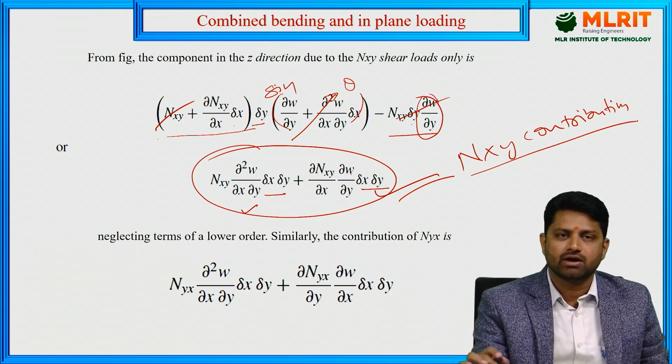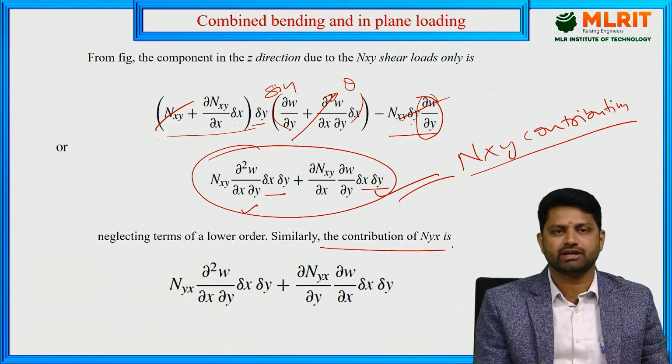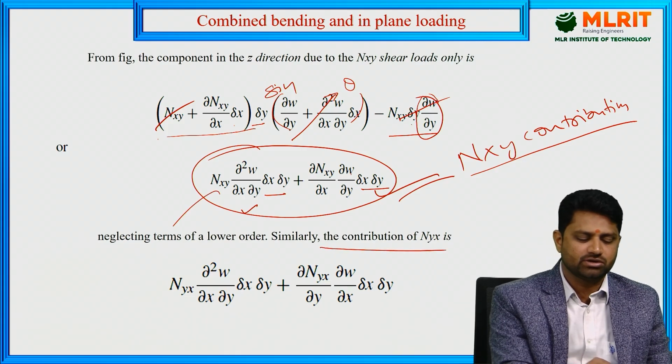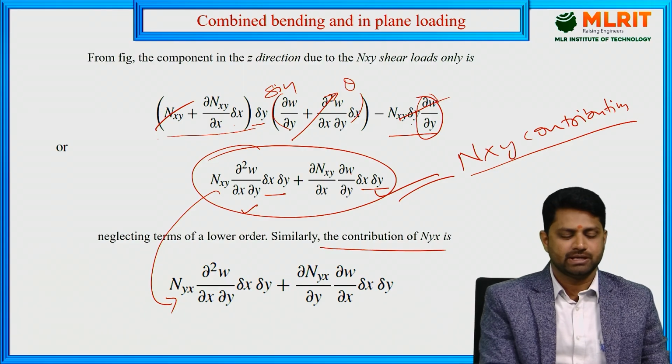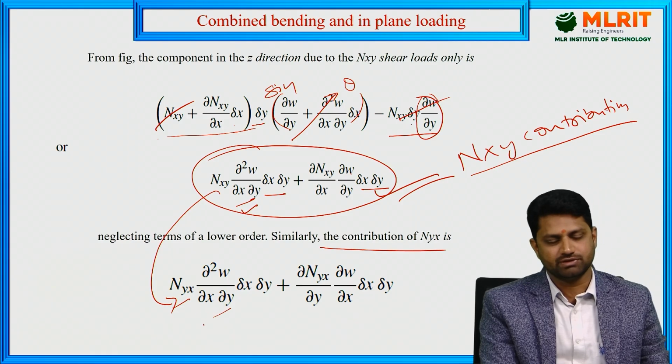Similarly, we have Nyx as well. You have to write the Nyx contribution in a similar manner, just replacing the x and y terms. So instead of Nxy we have Nyx ∂²w/∂x∂y, and here you can write ∂²w/∂y∂x, which is the same.